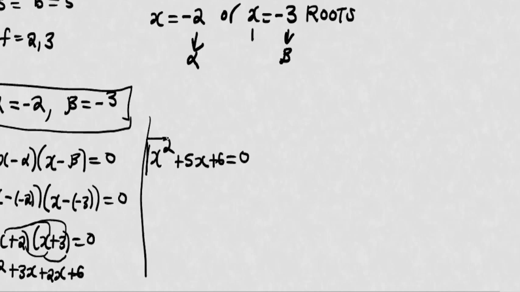Same here, we have x squared plus 5x plus 6. So that is how you can find a quadratic equation when you've been given the roots. We are going to proceed now. In proceeding, we are going to look at how we can answer certain questions involving alpha and beta.